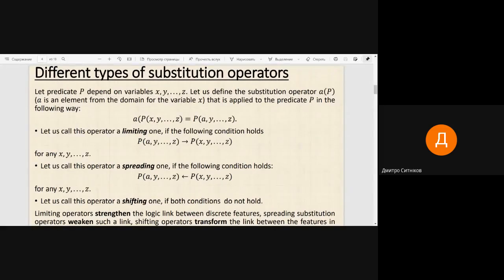We've considered different types of substitution operations. Let predicate P depend on variables X, Y, and so on, and Z. Let us define the substitution operator A of P. A is an element from the domain for the variable X that is applied to the predicate P in the following way.